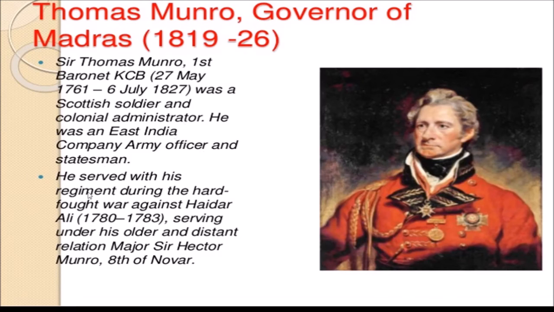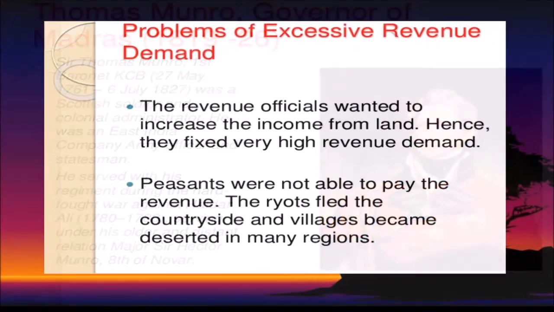He served with his regiment during the hard fought war against Hyder Ali. Hyder Ali, you all know, I think so, right? Tipu Sultan's father. In the year 1780 to 1783, serving under his older and distant relation, Major Sir Hector Munro.